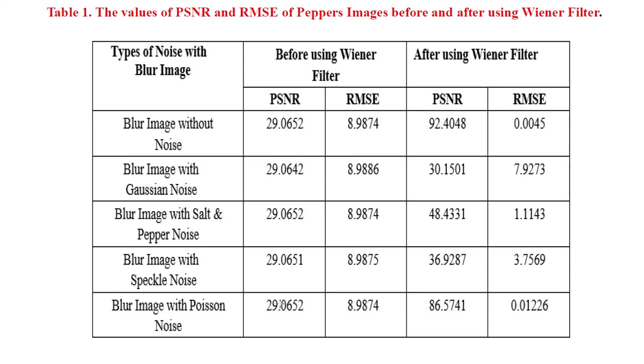So that means that the winner filter is a perfect filter, so that it can remove the noise and the blur from blurred noisy image to restore the original image.